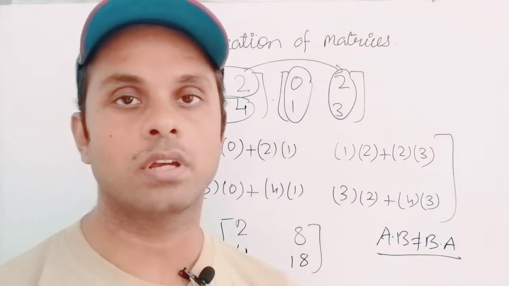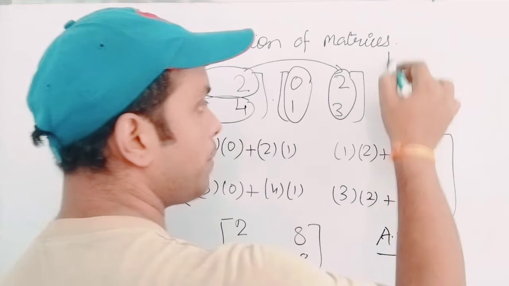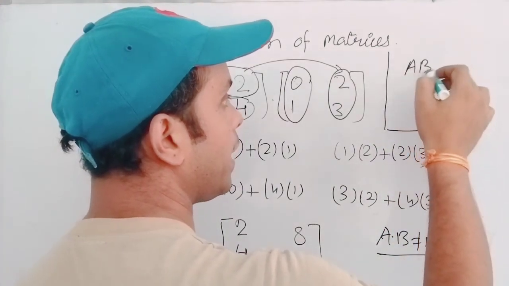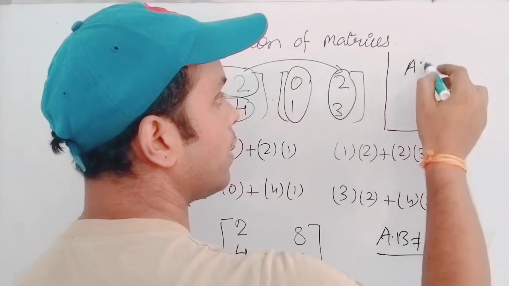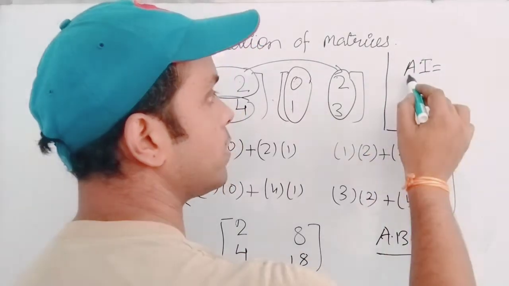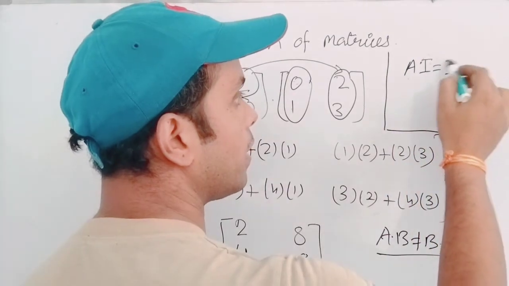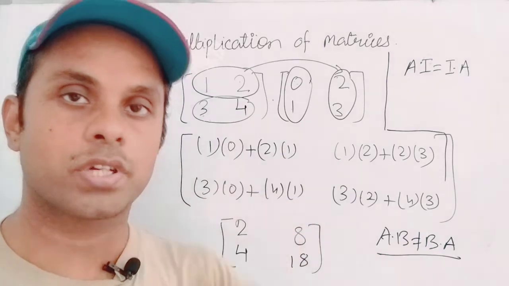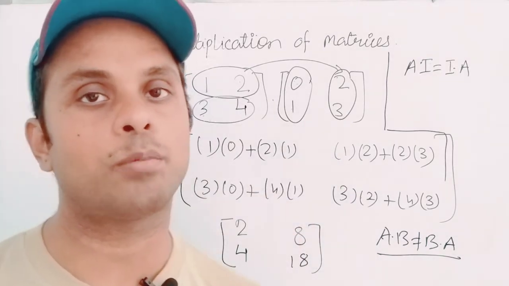What are those conditions? I tell you. Matrix multiplication is commutative if, in A into B, one of the matrix is identity matrix. A into identity is identity into A. So this is the first condition when matrix multiplication is commutative.